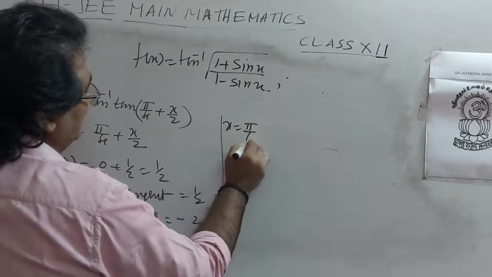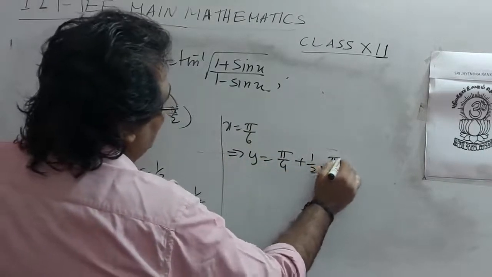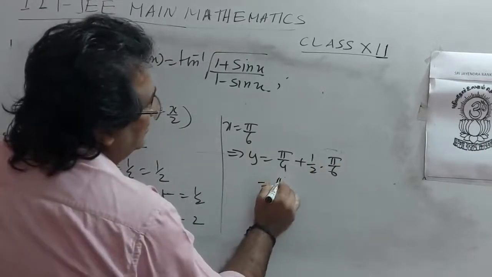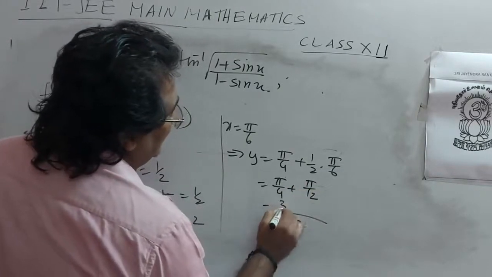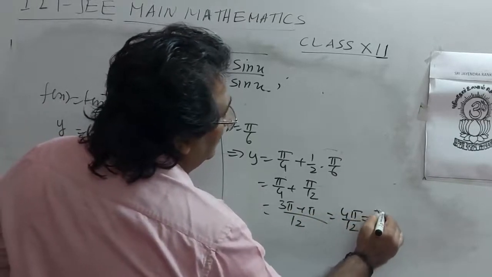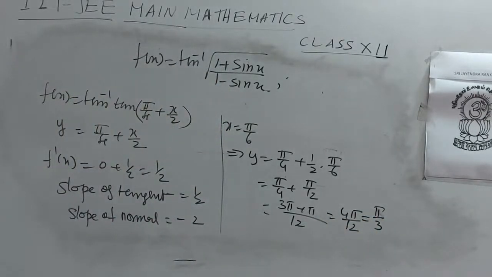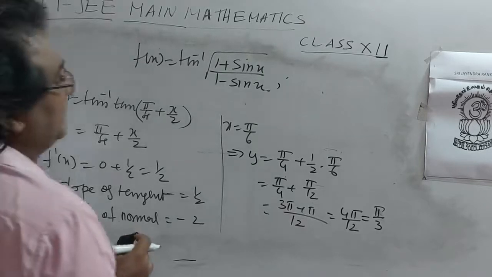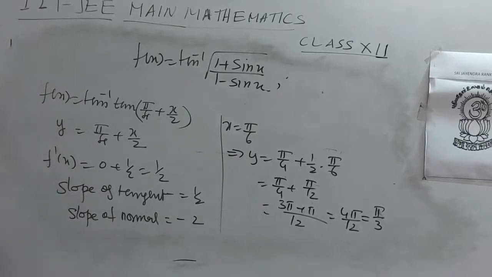X equal to pi by 6 implies y equal to pi by 4 plus 1 by 2 into pi by 6. Pi by 4 plus pi by 12. You take 12 as LCM: 3 pi plus pi over 12, that is pi by 4 plus pi by 12, that is pi by 3.